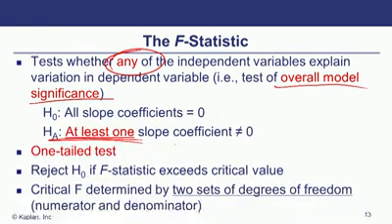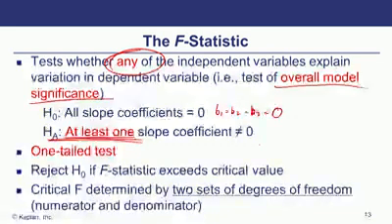Okay, but let's start with the null. The null is, of course, the gloomy worst-case scenario that B1 is equal to B2 is equal to B3, which is equal in turn to 0. So in other words, this is the worst-case scenario where you basically selected 3 or more or less, certainly more than 1, independent variables that are unrelated to the dependent variable.